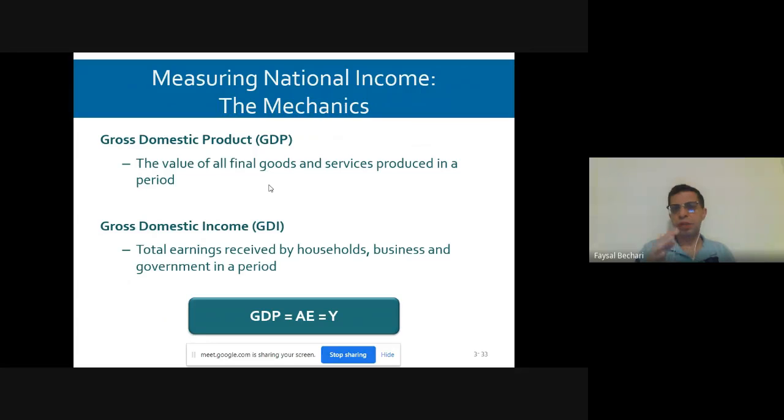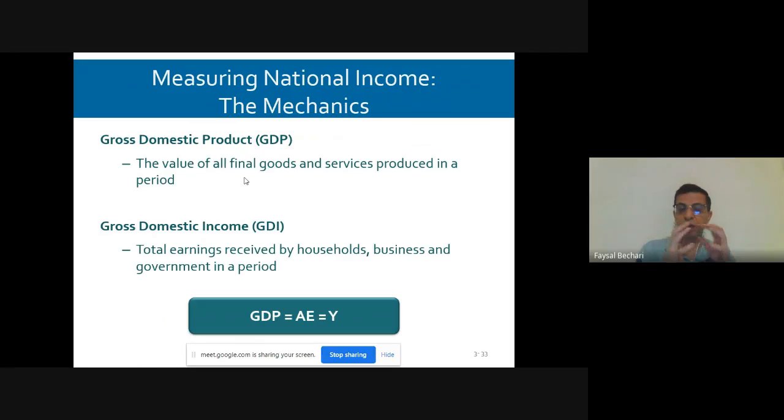Now, measuring national income, the mechanical way, is what you call the gross domestic product, the GDP. We will be talking a lot about GDP, GNP, and GDI. GDP is the value of final goods and services produced in a certain period.